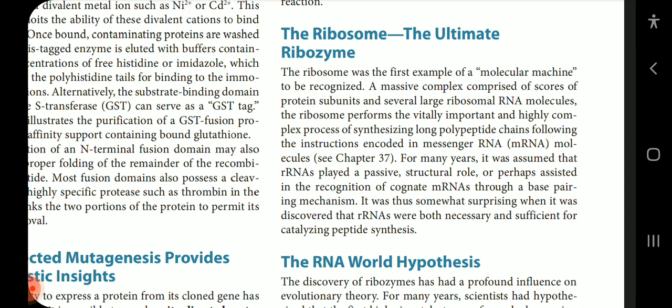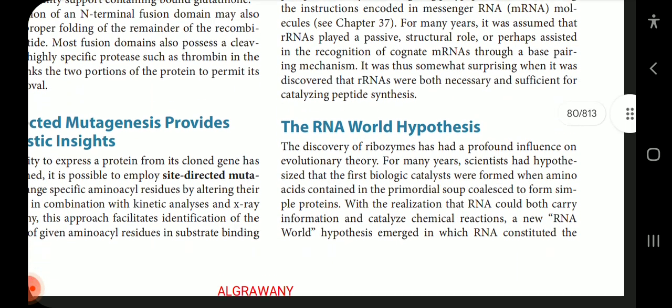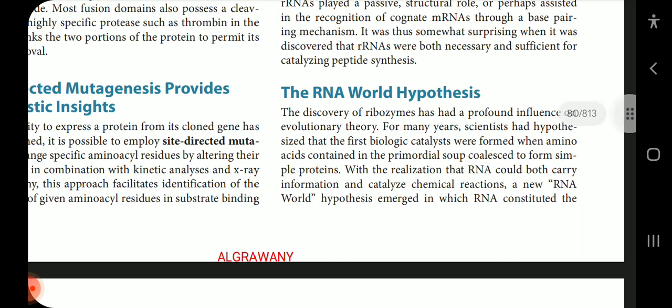For many years, it was assumed that rRNAs played a passive structural role or perhaps assisted in the recognition of cognate mRNAs through a base pairing mechanism. It was thus somewhat surprising when it was discovered that RNAs were both necessary and sufficient for catalyzing peptide synthesis.